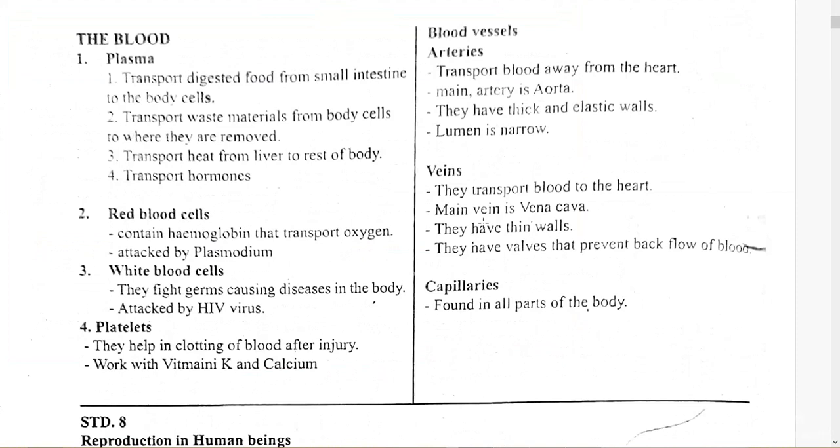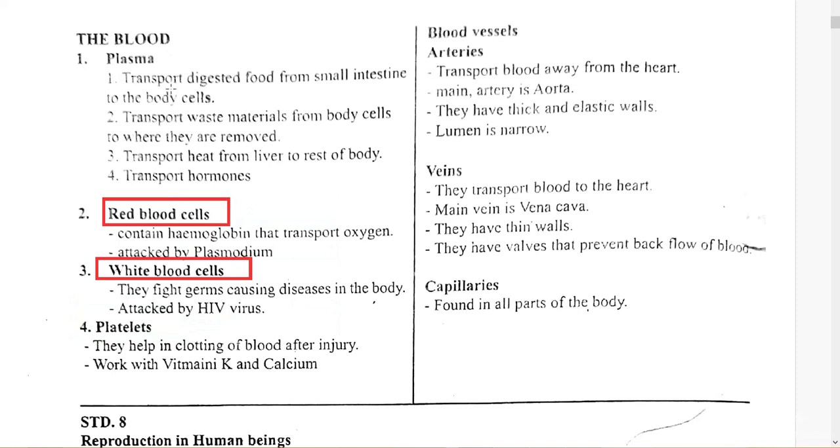Types of blood. We have 4 types of blood. We have the plasma. You must know its function, the plasma. We have the red blood cells. We have the white blood cells. And then finally we have the platelets. Very nice. So what is the work of the plasma?